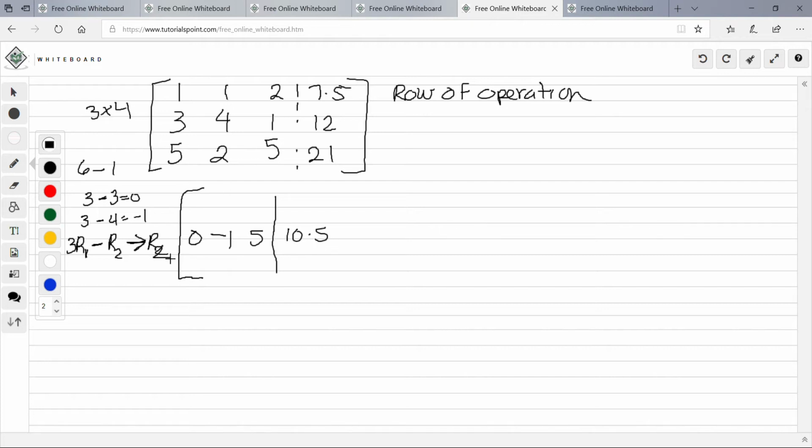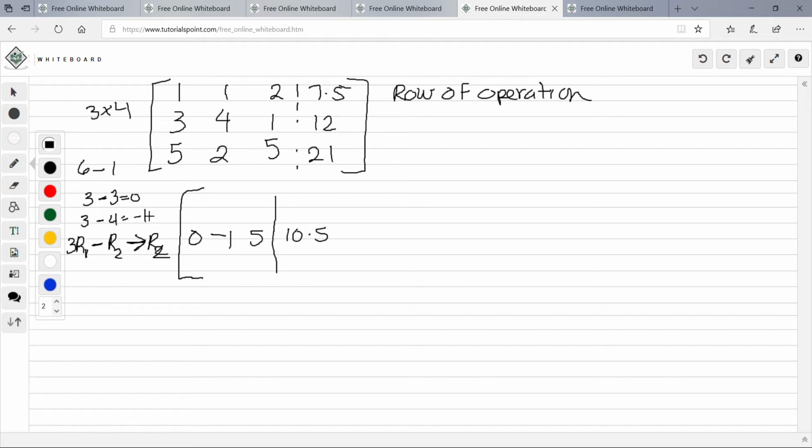So this is our new row 2, because how I got that was I multiplied 3 by row 1, the whole thing, and then I subtracted that number by row 2, which is this whole thing.